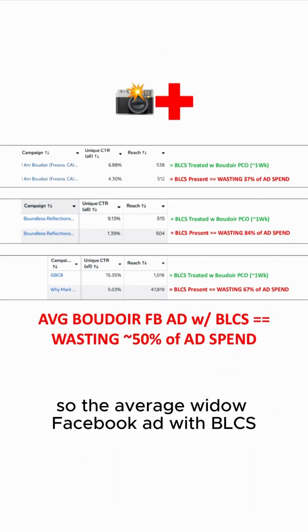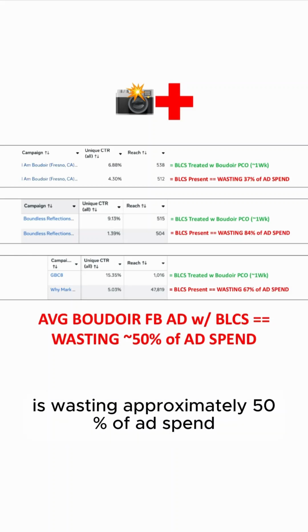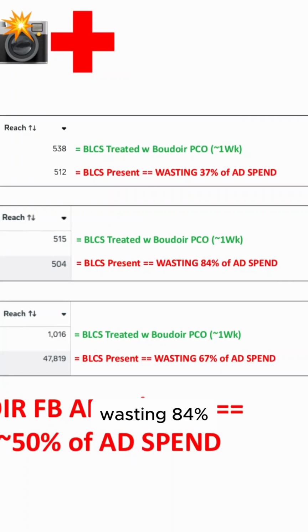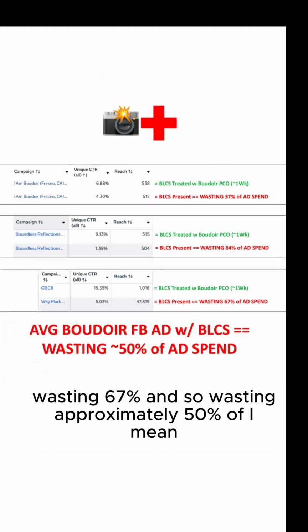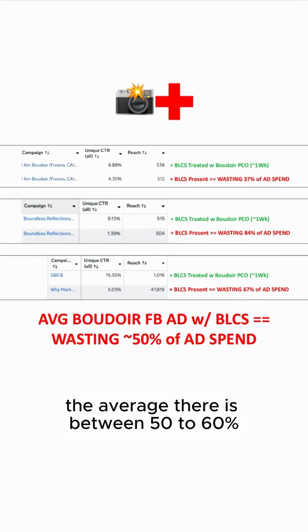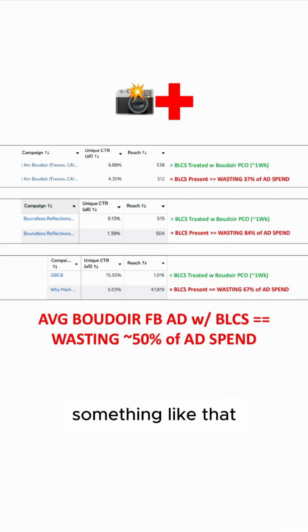So the average Boudoir Facebook ad with BLCS is wasting approximately 50% of ad spend. I mean, look at these numbers: wasting 37%, wasting 84%, wasting 67%. So wasting approximately 50% of it. The average there is between 50 to 60%, something like that.